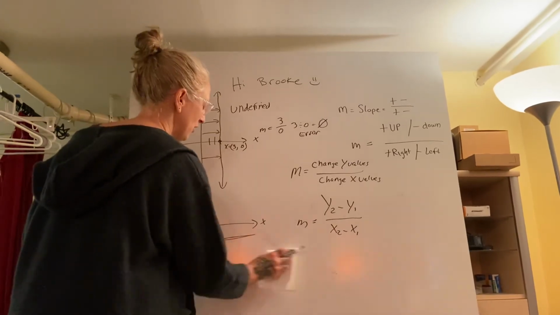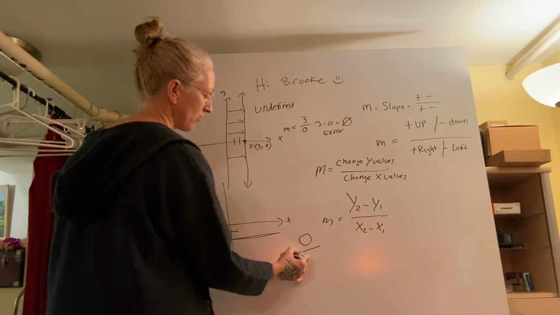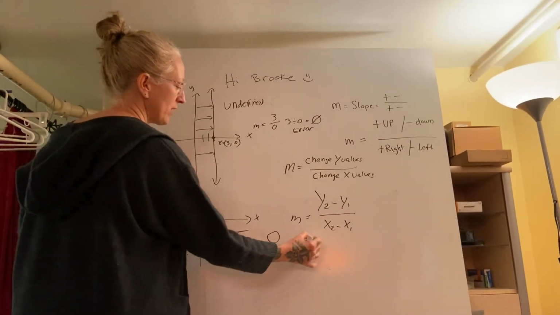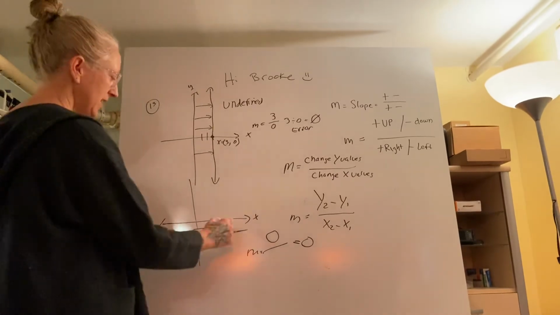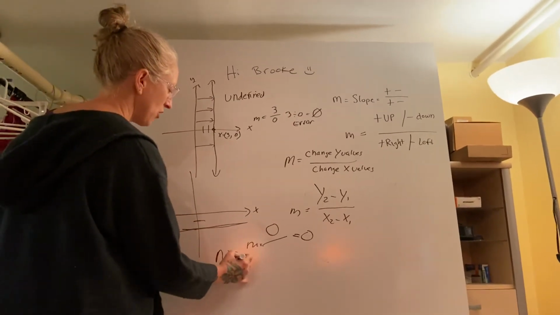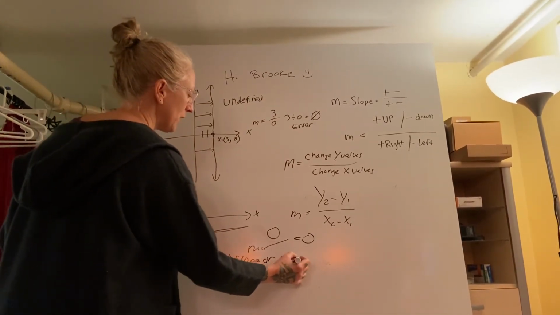Your y value never changes, and the denominator, the x value, does change, right? So 0 divided by any number is always going to be 0. So in this case, there's no slope. When it's a horizontal line, it's just no slope, or the slope equals 0.